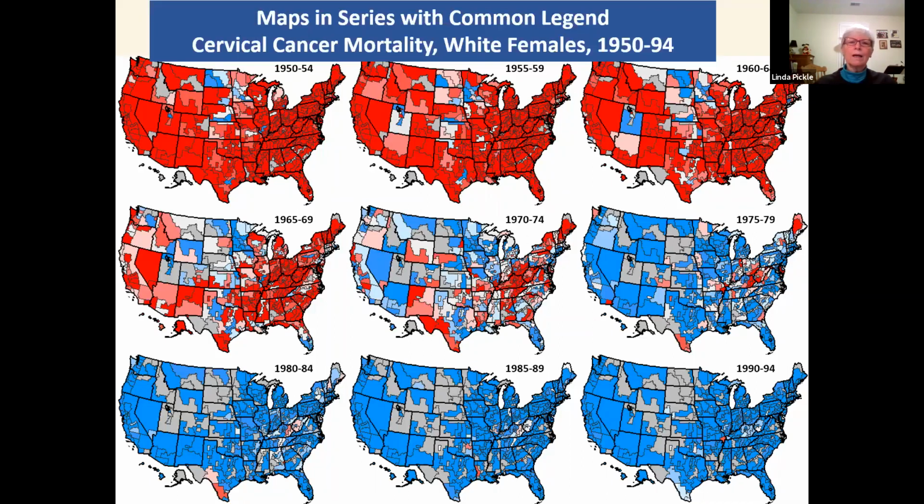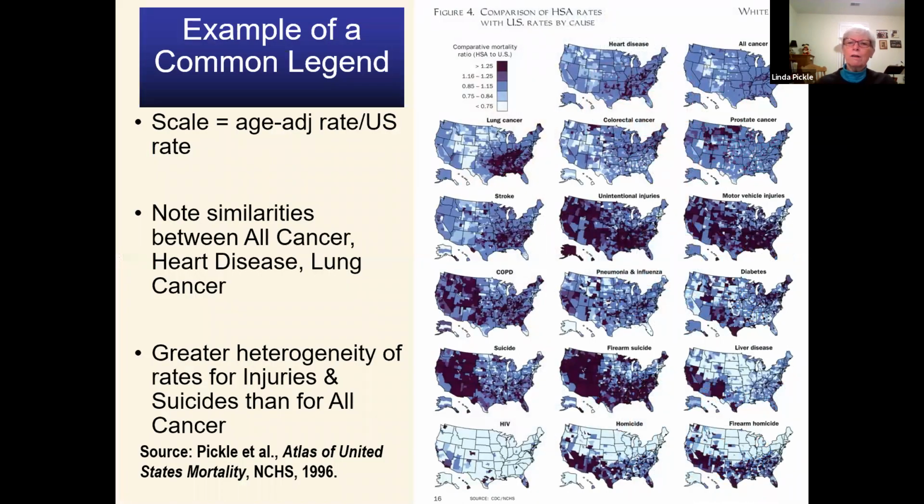So let's look at another type of maps in series. I wanted to compare patterns not across time, but across all 17 causes of death shown in that NCHS atlas. I wanted to look and see if the map patterns were similar across some of the causes of death.